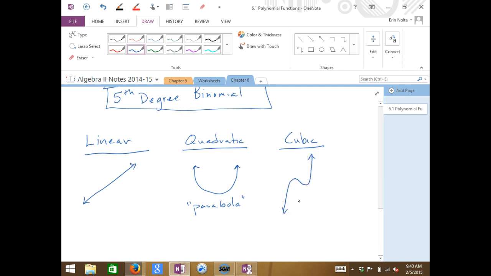Anybody know what the name for this one is? Well, technically there is no name, but I have a name for it. My name is far more creative than that. I call it the John Travolta.